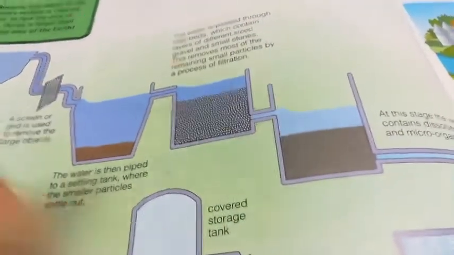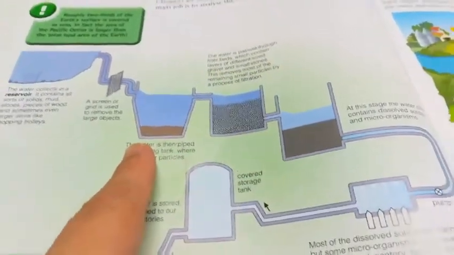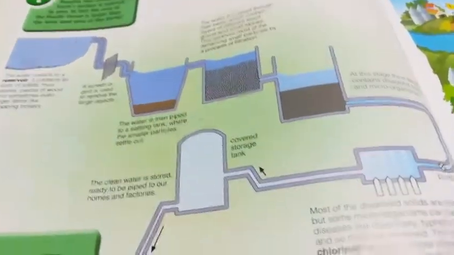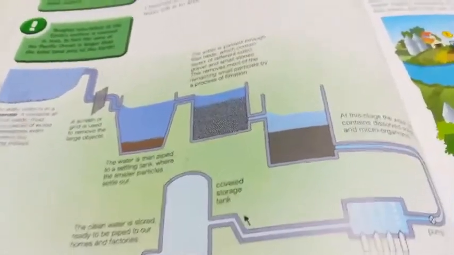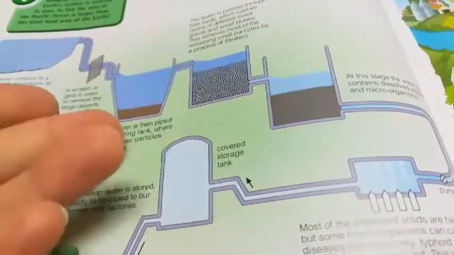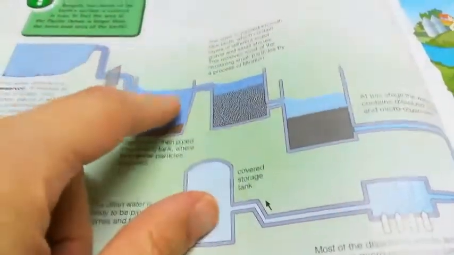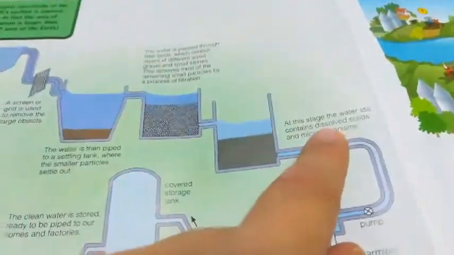They are asking you about it, the filter beds. Sedimentation, actually they are not asking about that, and even if they ask, it's very easy. It's just a process of decantation or sedimentation, which is leaving the particles to settle down, then pumping water into another big container.